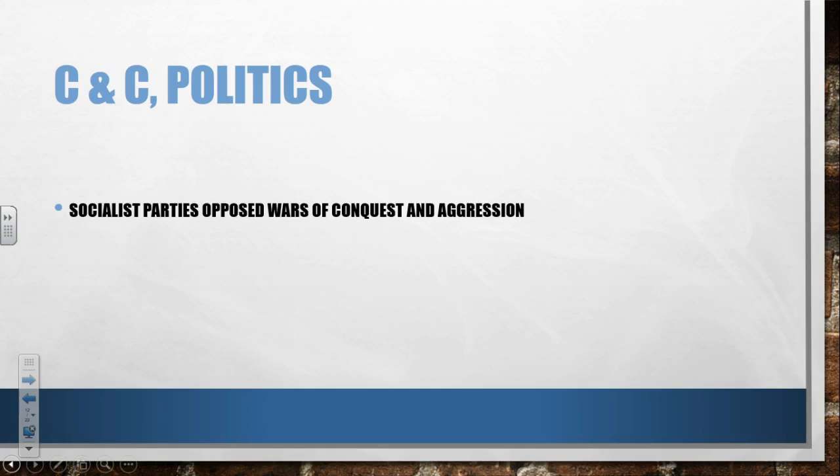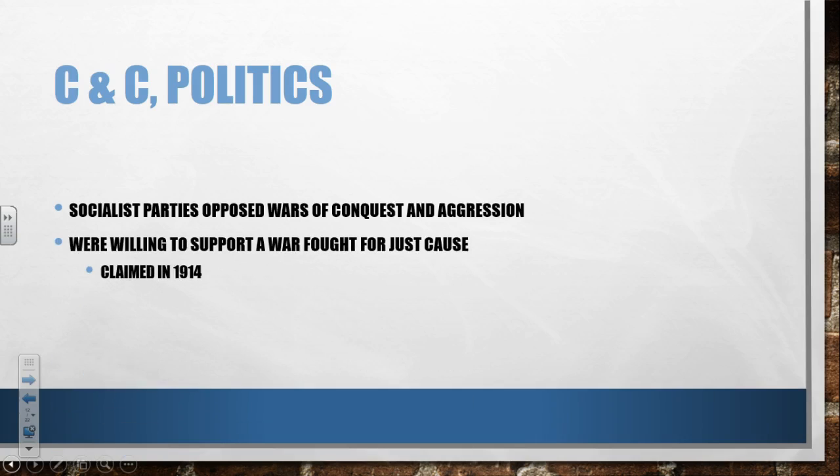Lastly, it's important to understand that socialist parties were opposed to wars of conquest and aggression, okay? They're like, we are not going to go and conquer lands. That's not a good idea. And we're not just going to go fight because we can fight, to show off our might. We're not going to do that. But we will fight in a war if it is fought for a just cause.